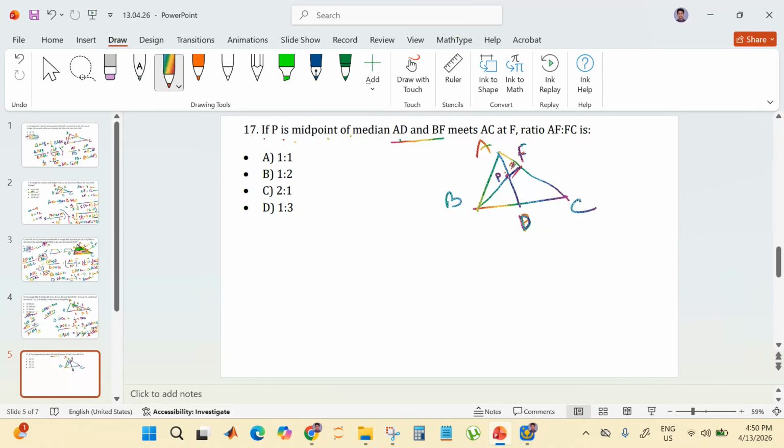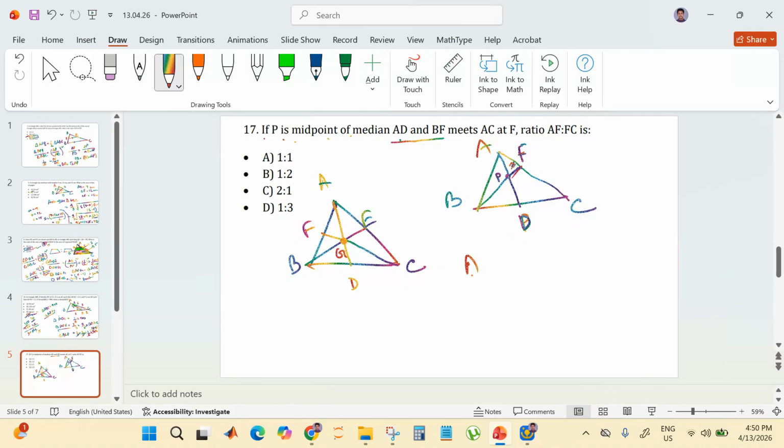Actually, remember one thing, if we draw a triangle and the medians are passing through a particular point, suppose ABC is a triangle, AD, BE and CF are three medians and G is the common point which is passing through all the medians. But this G actually divides AD, BE and CF.